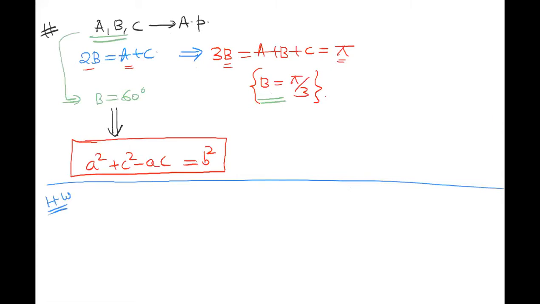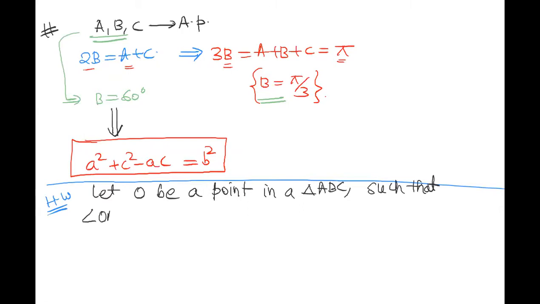The question is: let O be a point inside a triangle ABC such that angle OAB is equal to angle OBC is equal to angle OCA is equal to omega, or W, whatever.